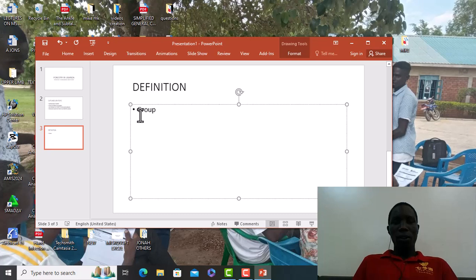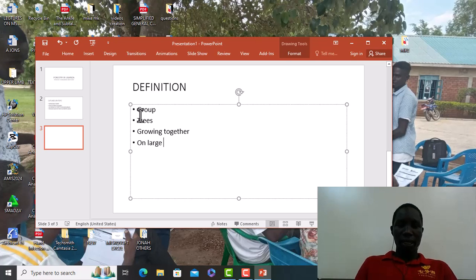What should be the group of what? Group of trees. These trees must be growing together on a large piece of land, or you can say on a large scale.